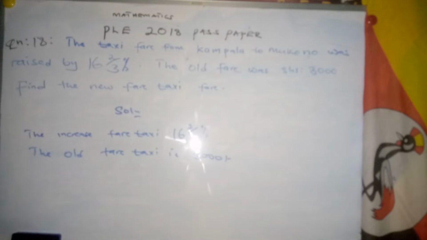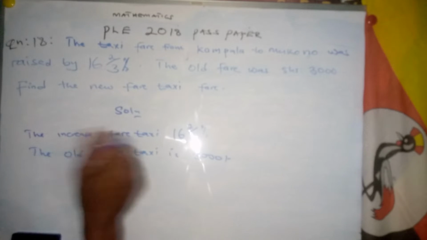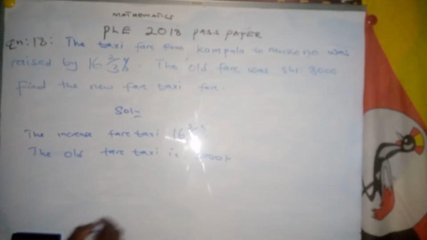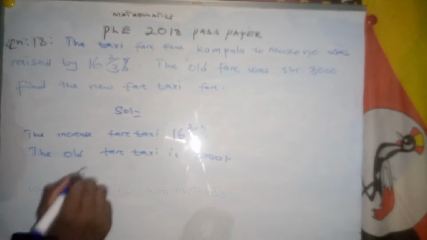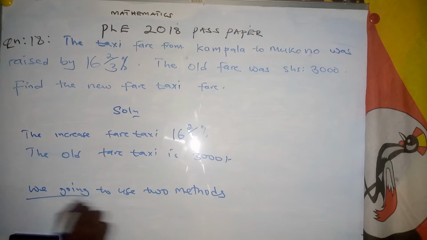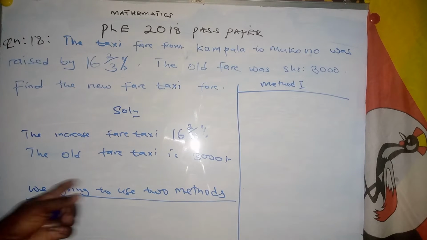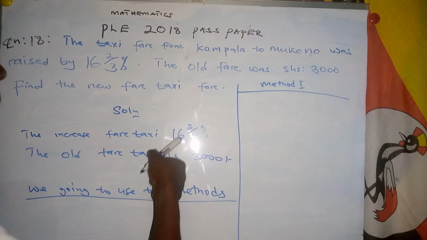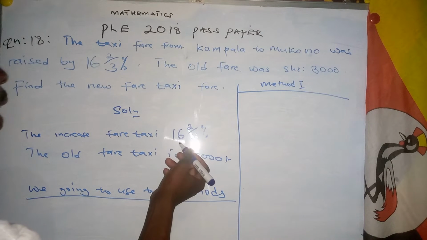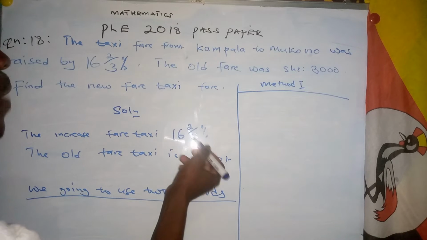What do we do here? Here you have two methods. Method one, we are going to add the increased percentage to 100%.